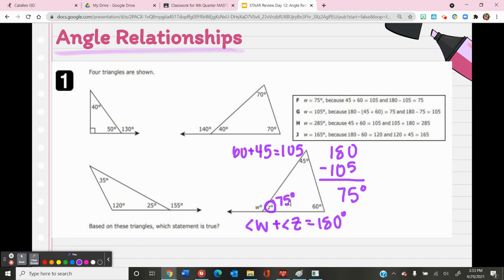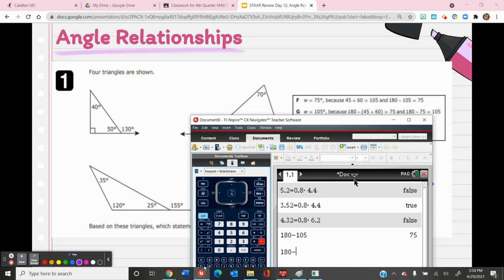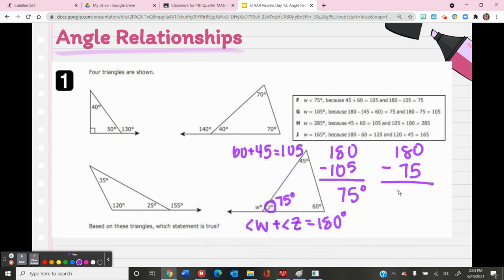So if now I know the angle measurement for Z, which is 75, I can take 180 and subtract 75 from it. So here I get 180 minus 75, and we get 105. So angle W is 105 degrees.